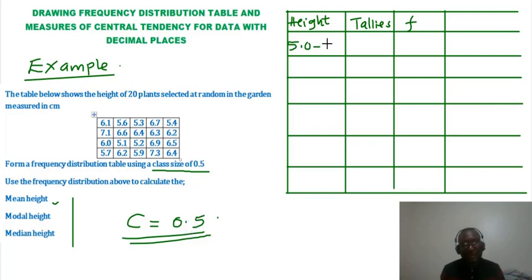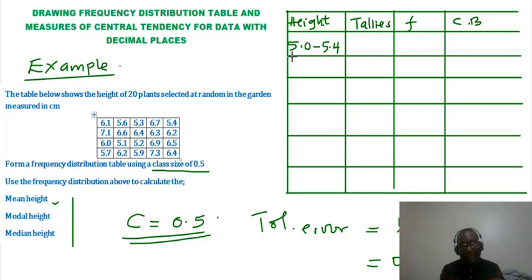So this should be going up to 5.4, such that when it comes to getting the class boundaries here, since this data is to one decimal place, the tolerance error is going to be half times 10 power negative 1. The tolerance error is 0.05.